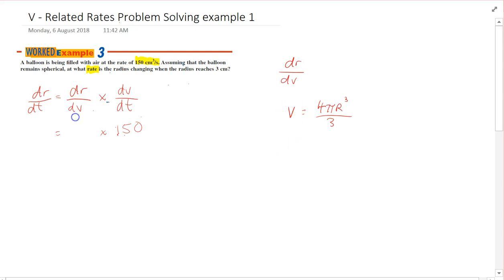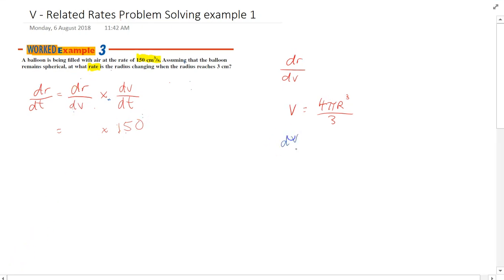So that'll be dV with respect to r. So the derivative of 4 pi r cubed over 3 is just going to be 4 pi r squared.